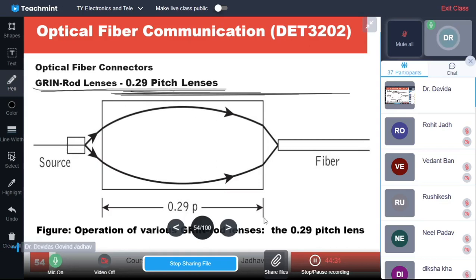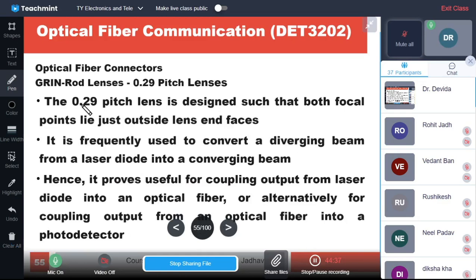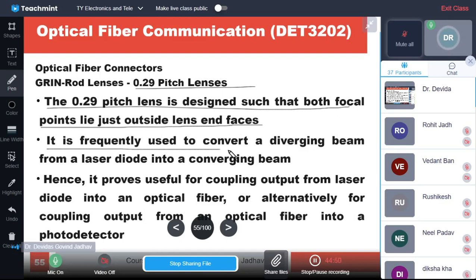So this is the operation of the 0.25 pitch lens. Okay. So the 0.25 pitch lens is designed such that both focal points lie just outside the lens end faces. It is frequently used to convert a diverging beam from a laser diode into a converging beam.